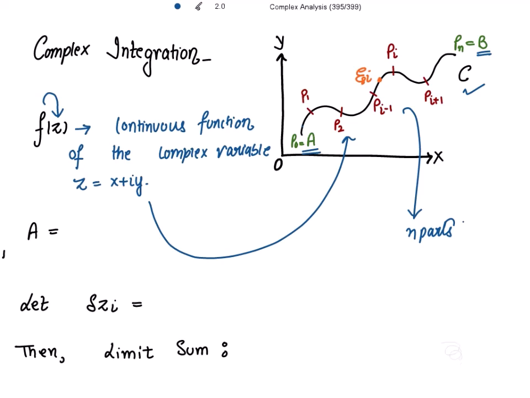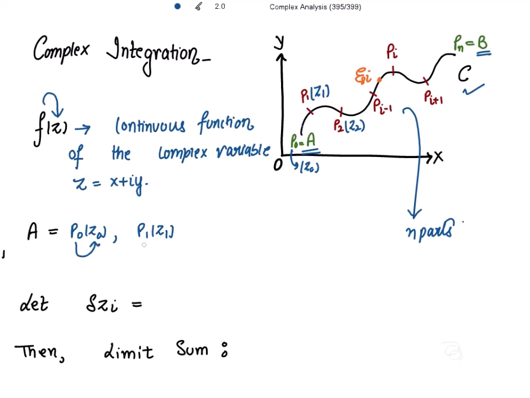P0 has the variable Z0, P1 has the variable Z1, P2 has the variable Z2, and so on. Pn represents the variable Zn, which is taken as the last endpoint, that is B.